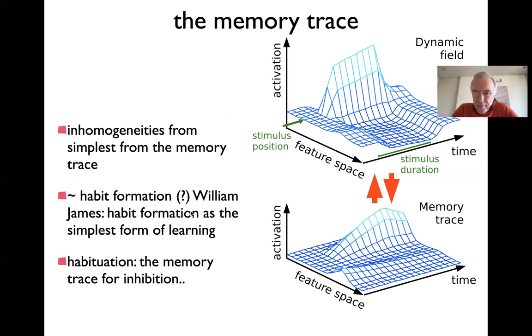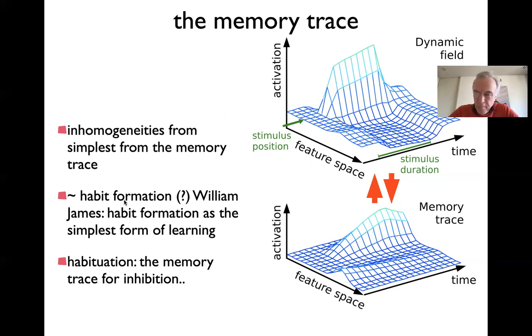But very generally, there's an idea that a very simple form of memory would be that something that you just did or just experienced perceptually is easier to experience again, or to do again, to see again, or to act on again. It's the opposite of what is called habituation, which is that what you just did or just saw is harder to do again. So that will be essentially inhibition building up, while habit formation would be excitation building up. So it's a very low-level, simple kind of memory.